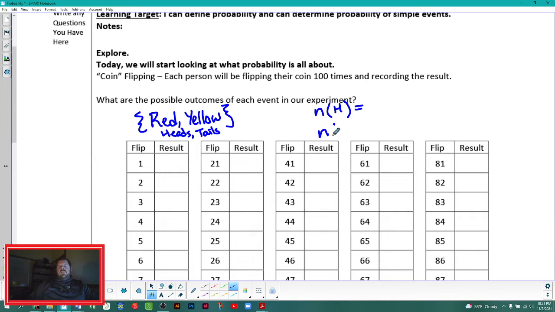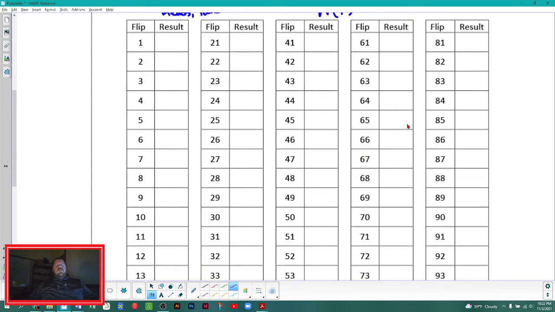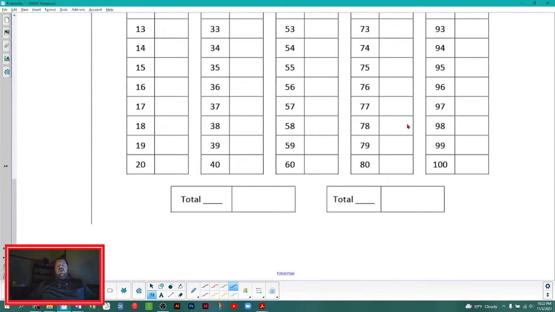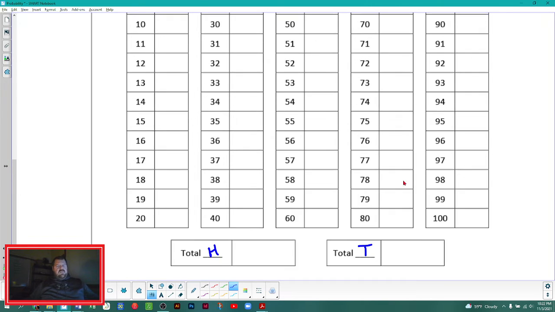How many times are you going to get tails out of 100 flips? Take a guess. Take a hypothesis. Okay, that's what we do in science class. Why can't we do it in math class? There's no reason. Okay, so go ahead and do that. And at the very bottom, it's going to ask you to count up the total number of heads and the total number of tails. So go ahead and pause the video, do that flipping, and figure out what you get.